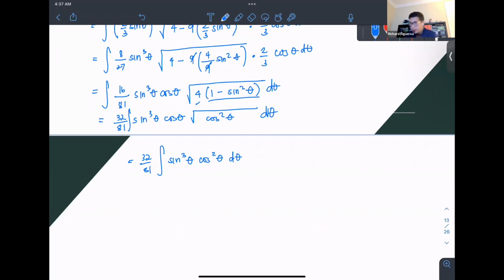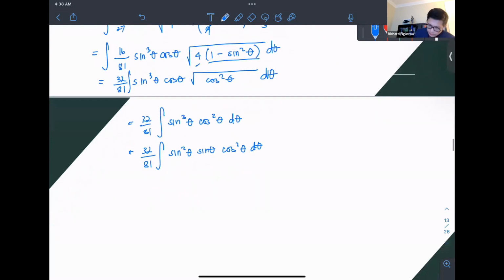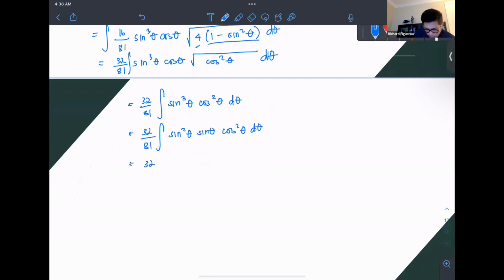And then we have a product of sine and cosine. Therefore, we transform that one as sine squared theta times sine theta, cosine squared theta d theta. So this one will just be power rule.